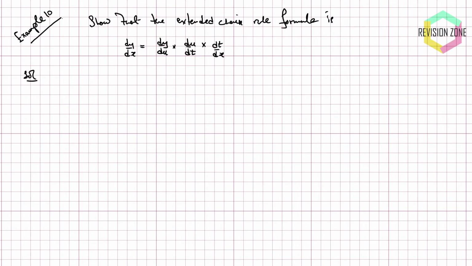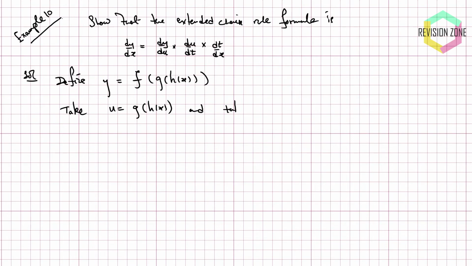We have to define a function. So say it's going to be f of g of, now this is what we've seen in the past, it's going to be f of g of x, but because the chain is longer here, we actually have a triple function. So we have f of g of h of x. So with that, I can take u to be g of h of x, and take t to be h of x.